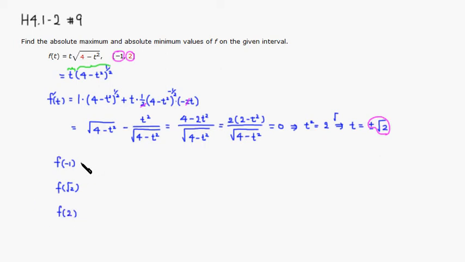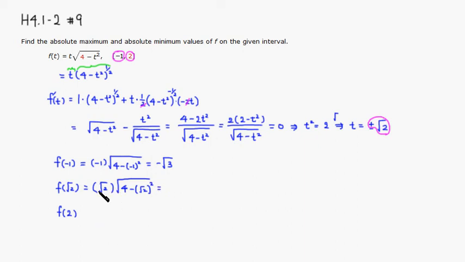Right, let's evaluate. Plug negative 1 for t, so it's negative 1 times square root of 4 minus negative 1 squared. So that would be negative square root of 3. Right, plug in square root of 2, and you have a square root of 4 minus square root of 2 squared.